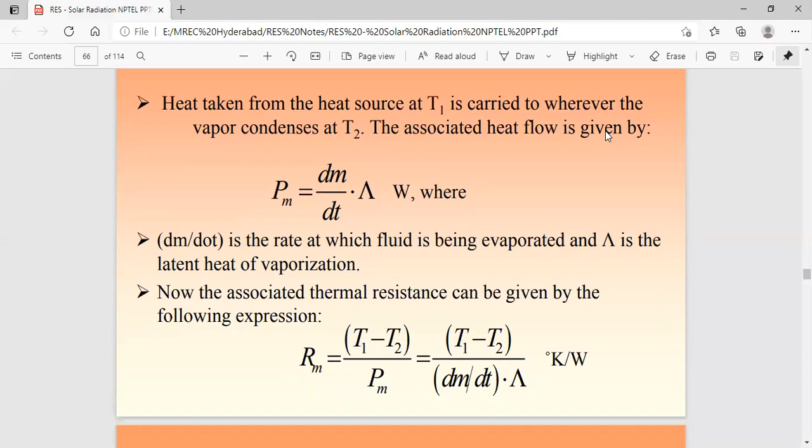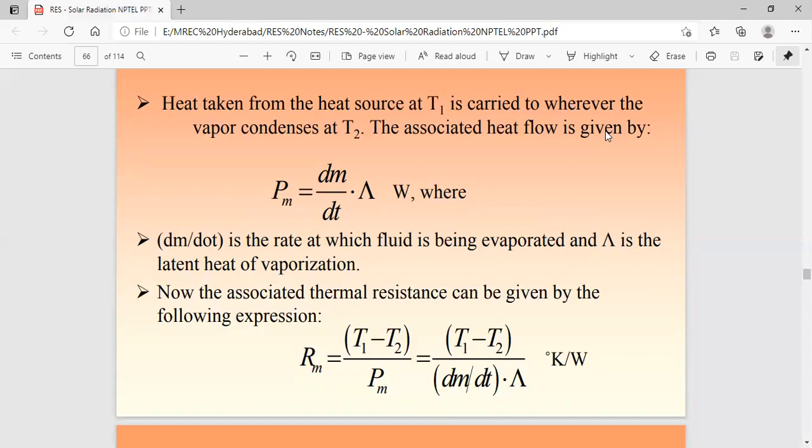The associated heat flow is given by Pm is equal to dm divided by dt into A in watts, where dm/dt is the rate at which fluid is being evaporated and A is the latent heat of vaporization. Now, the associated thermal resistance can be given by the following expression.